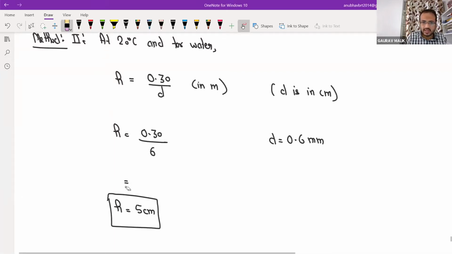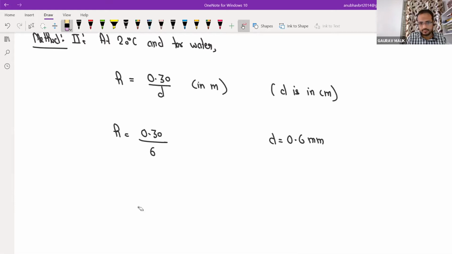Please tell me after calculating the value. First convert it into centimeter and then tell me. I took it in reverse: 1 millimeter is equal to 0.1 centimeter.